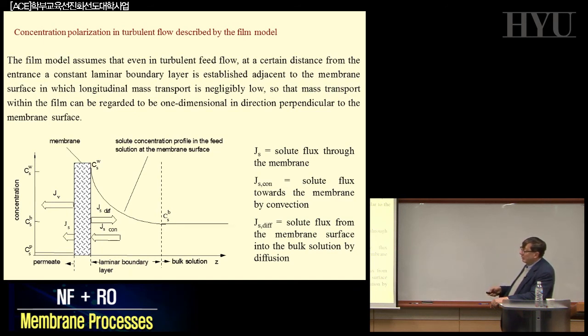If this is the model that we can utilize, you can try to predict the concentration in the bulk and the concentration at the interface. You have Js, the solute flux across the membrane, the solute flux by convection to the membrane surface, and the solute flux from the membrane surface back into the solution.